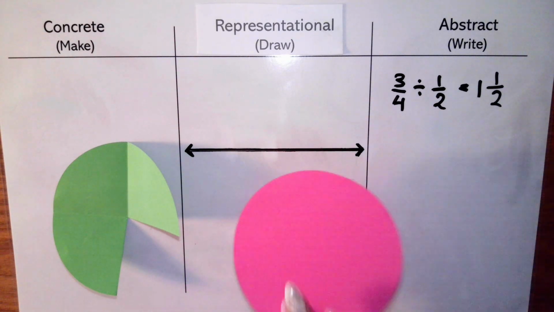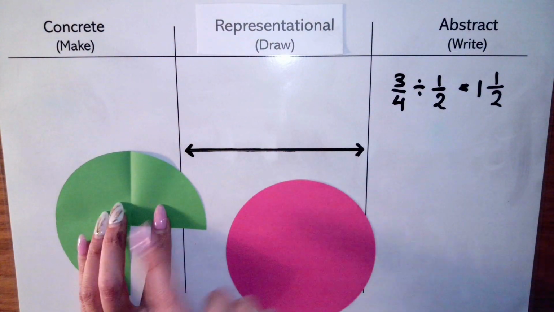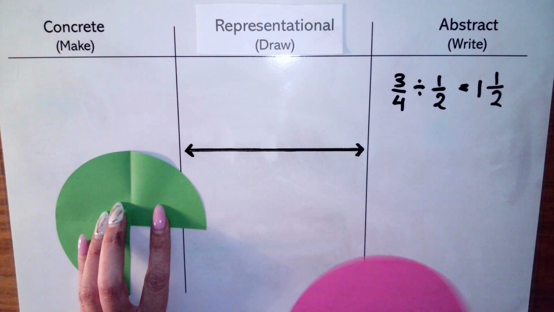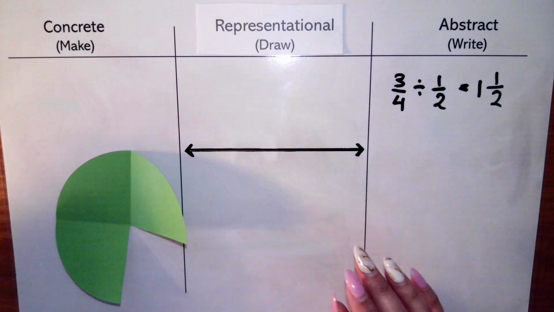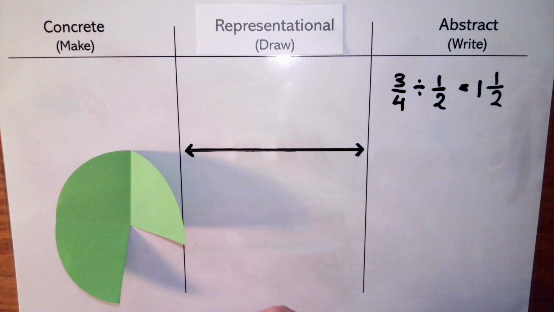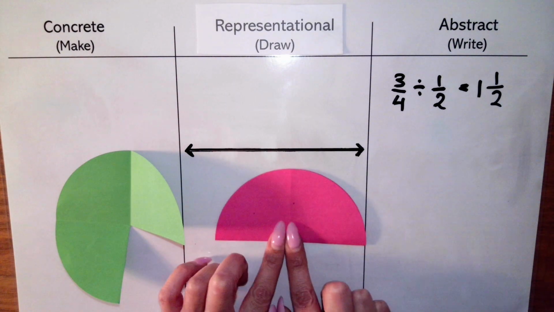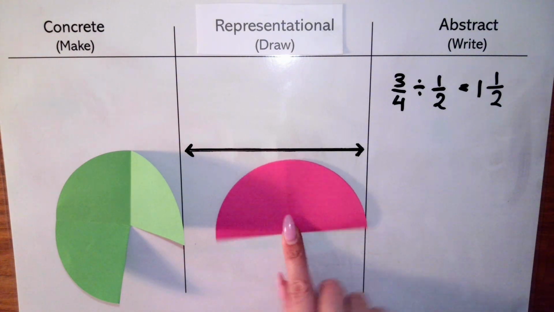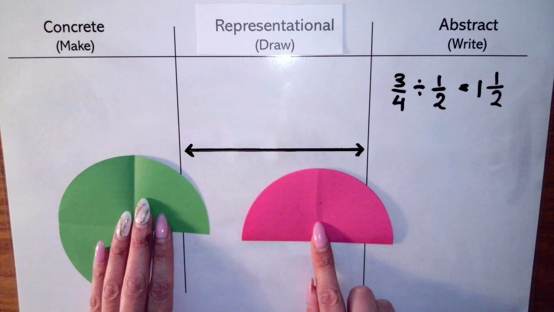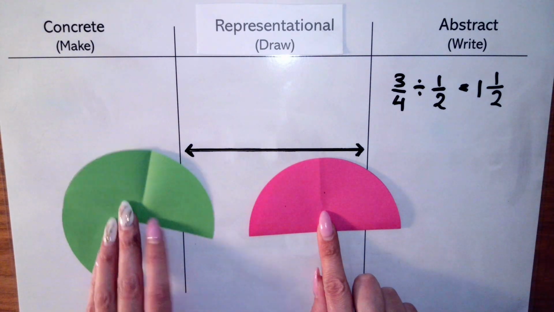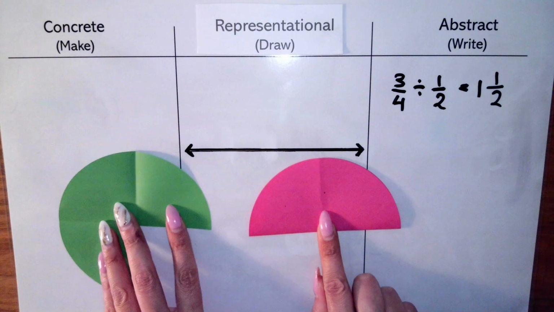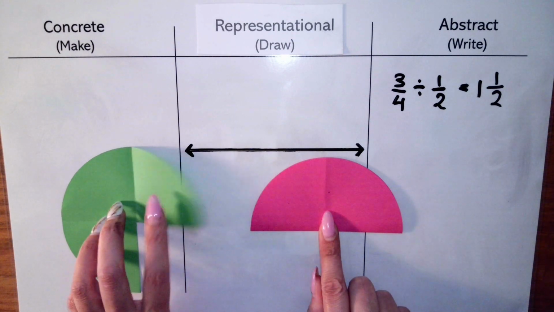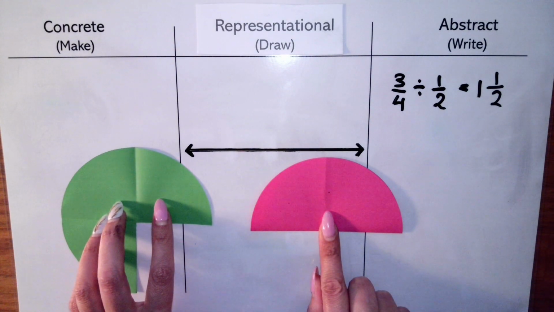So what you're saying here is, here's my 3/4, how many 1/2s will make up 3/4? I'm trying to save paper here, so this is one that I prepared earlier and used in an earlier demonstration. So I want to know, if I had 3/4 of my whole, how many 1/2s will make up this 3/4?